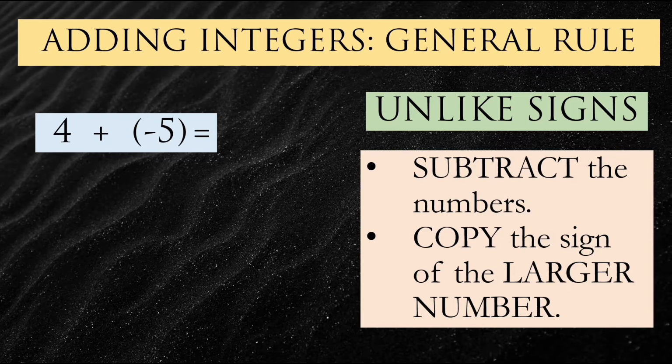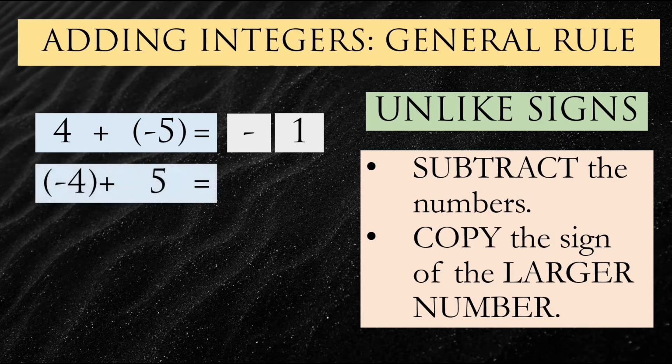So 5 minus 4, you have 1. And then copy the sign of the larger number. Between 4 and 5, 5 is the larger number, and it's got the negative sign. Therefore, we put the negative sign before number 1. So our answer is -1. Is that clear? Should you have any concerns or questions, feel free to comment them below.